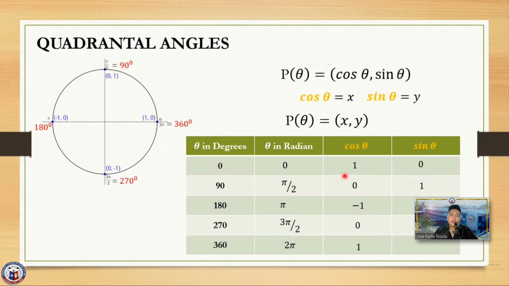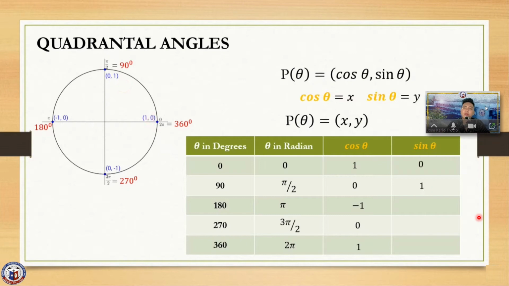Next, for pi half, cosine theta is 0 and sine is 1. So pi half is here, with x and y being 0, 1. And so on. You can observe that and try to look at it. You may pause the video and try to see the relationship.